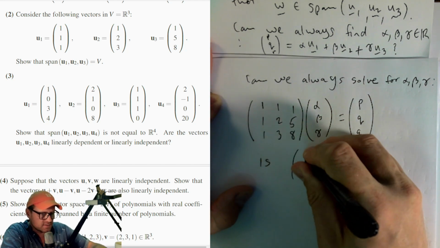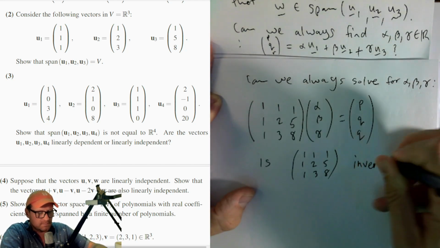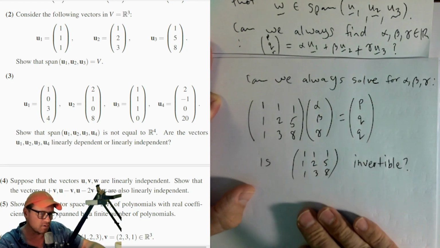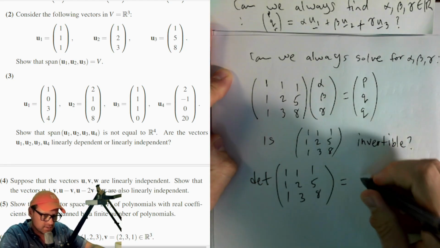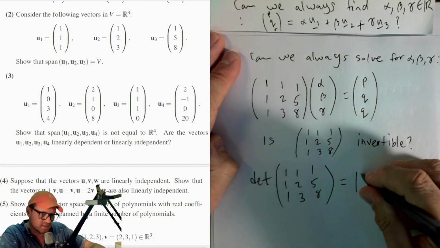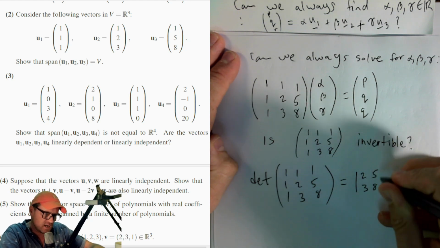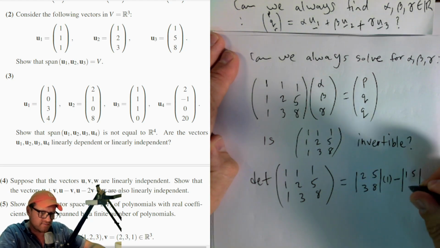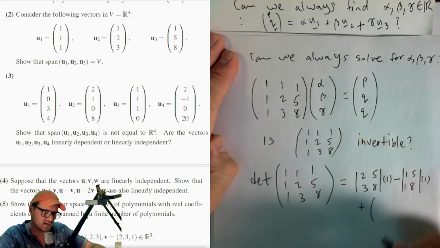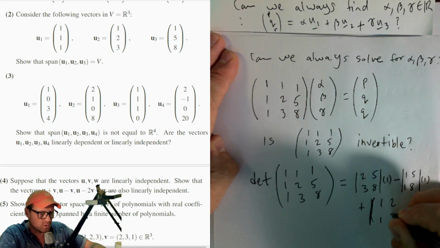So is this matrix invertible? Okay, and so we can do that by calculating its determinant. So the determinant of this matrix is 1 times the determinant of 2, 5, 3, 8, minus 1 times the determinant of 1, 5, 1, 8, plus 1 times the determinant of 1, 2, 1, 3.